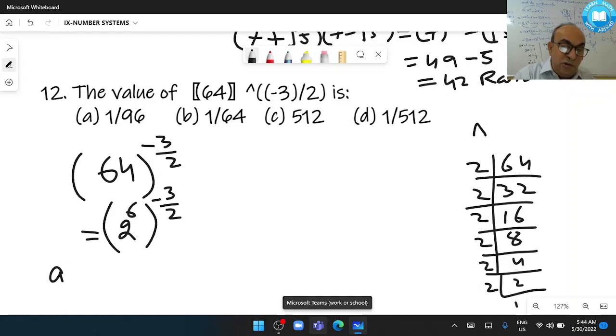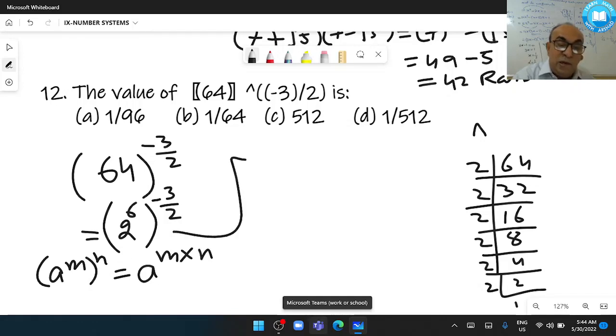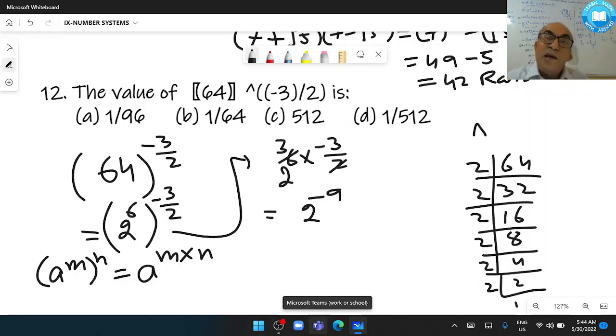We are going to use the law of exponent: a power m, whole power n. So here we can write 2 power 6 into minus 3 by 2. So 2 threes are 6, and this is 2 power minus 9. Whenever the exponent is negative, you change the place from numerator to denominator or denominator to numerator.